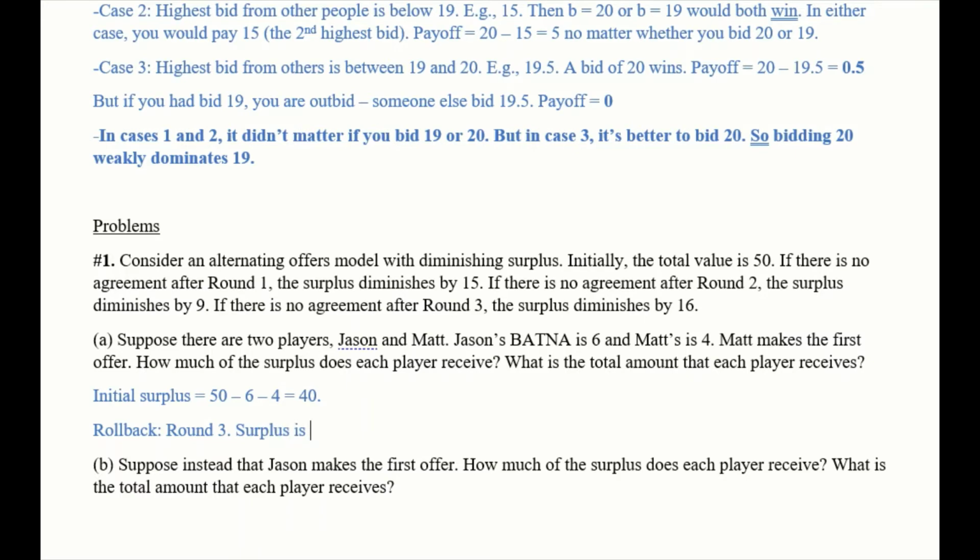So you have the initial surplus of 40, but then we also have the loss of surplus from the first 2 rounds of failed negotiations. Because no deal was reached in round 1, surplus went down by 15. Because no deal was reached in round 2, surplus went down by another 9. So that comes out to 16.